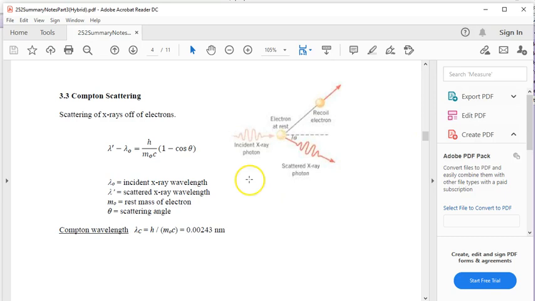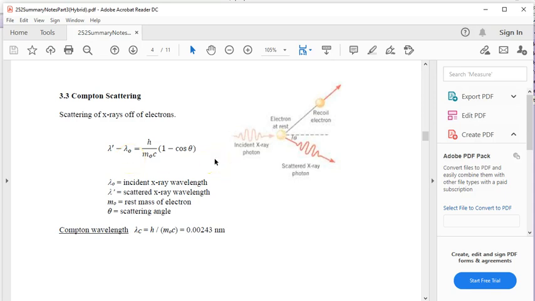Also notice, for all angles theta, the biggest cosine theta can be positive-wise is 1, and the smallest it can be negative-wise is -1. But you're always going to get a longer scattered wavelength than incident wavelength. They would be equal if there's no interaction at all.